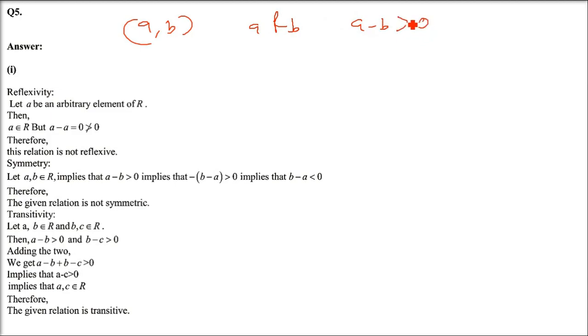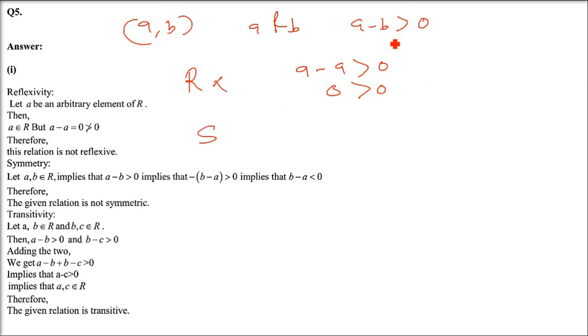So whether these relations are reflexive, symmetric, or transitive. The first one, whenever you have to check reflexive, just put B as A. A minus A is greater than 0. 0 is greater than 0? No. 0 cannot be greater than 0. So it is not reflexive.